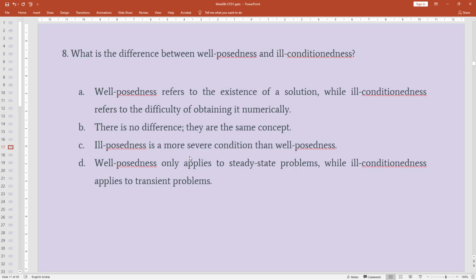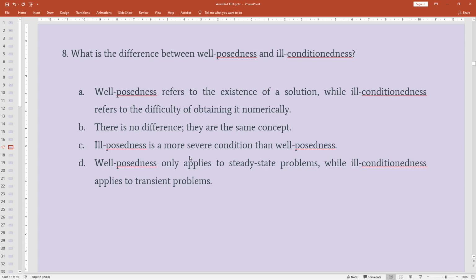Next question. What is the difference between well posedness and ill conditionedness? Option A, well posedness refers to the existence of a solution, while ill conditionedness refers to the difficulty of obtaining it numerically. Option B, there is no difference.